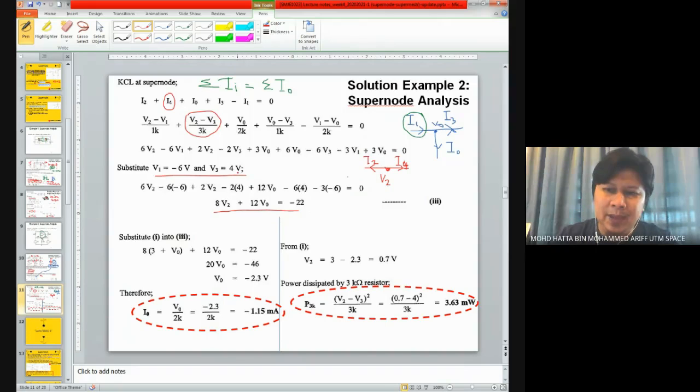So it depends on your creativity. How do you want to solve it? Because from this point towards the end, it basically depends on your mathematics, or your level of understanding in terms of simplifying an equation.